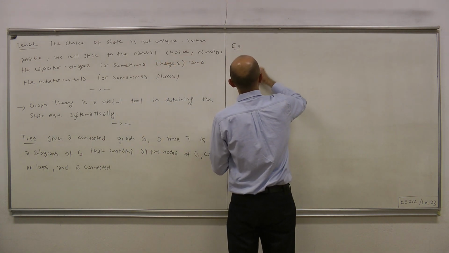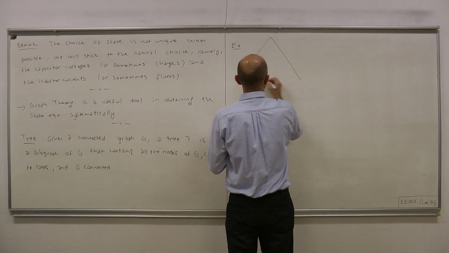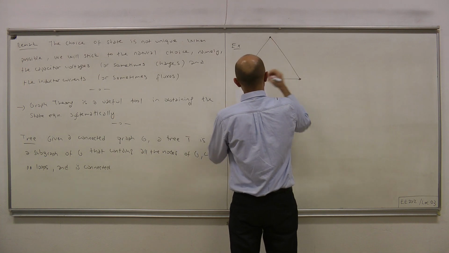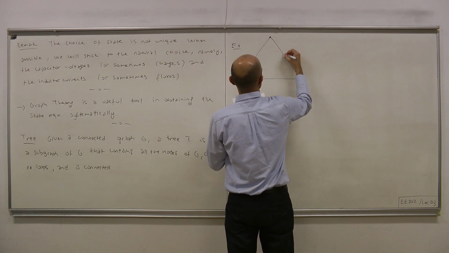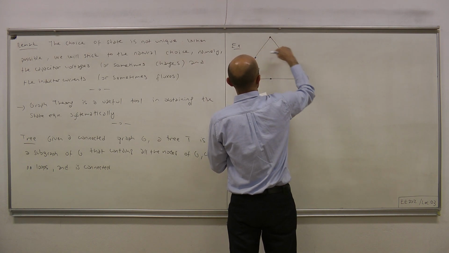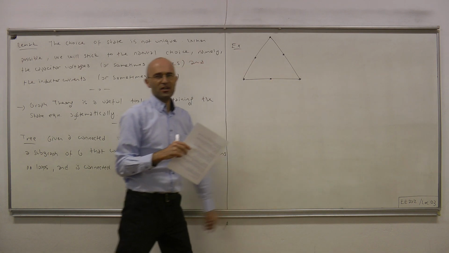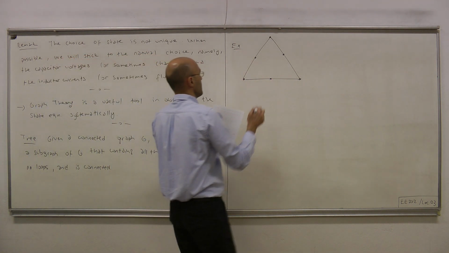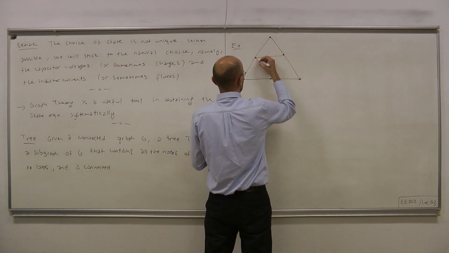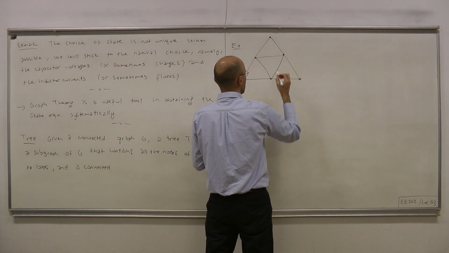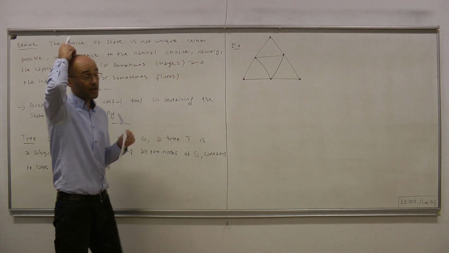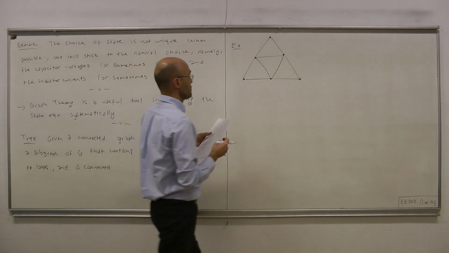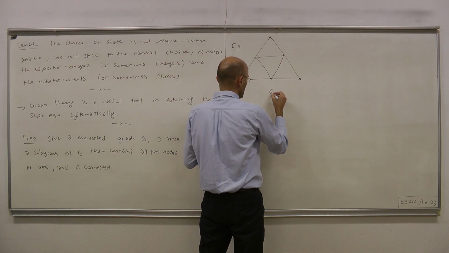Suppose that this is our graph, which has 1, 2, 3, 4, 5, 6 nodes. Nodes are represented by dots. And then edges or branches or sometimes arcs, they are all represented by those line segments. So suppose that this is our graph G.